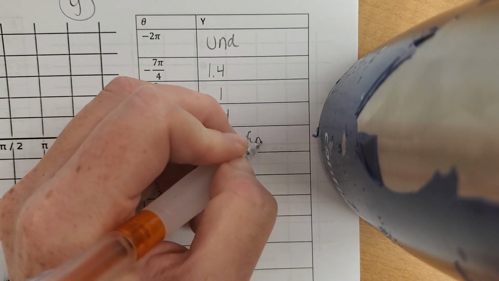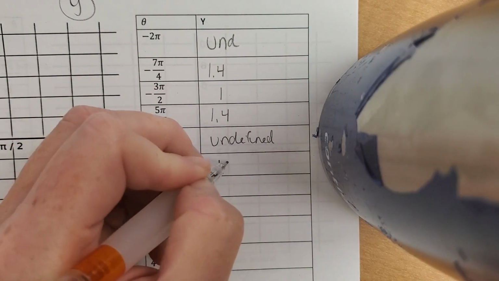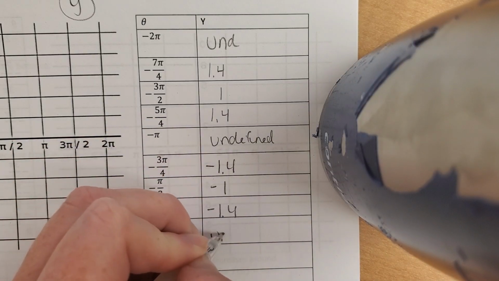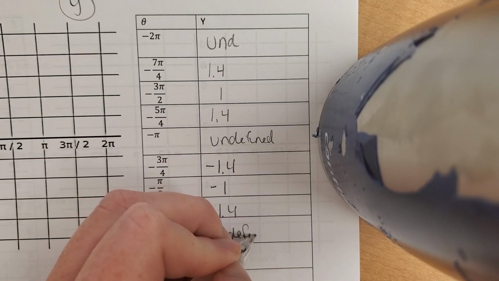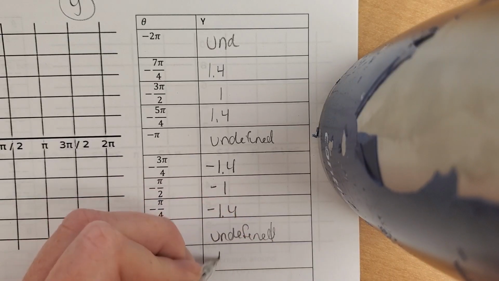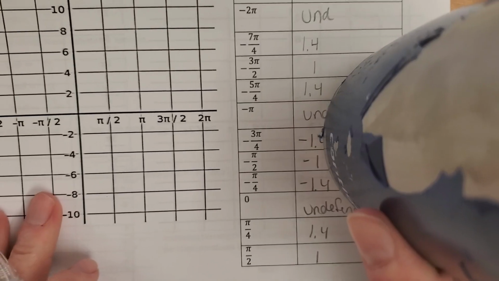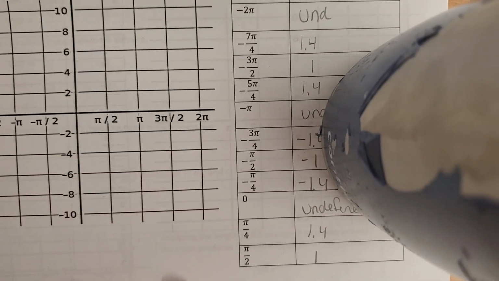Undefined again. -1.4, -1, -1.4, undefined again. 1.4, 1. So if we plot that, -2pi is undefined.